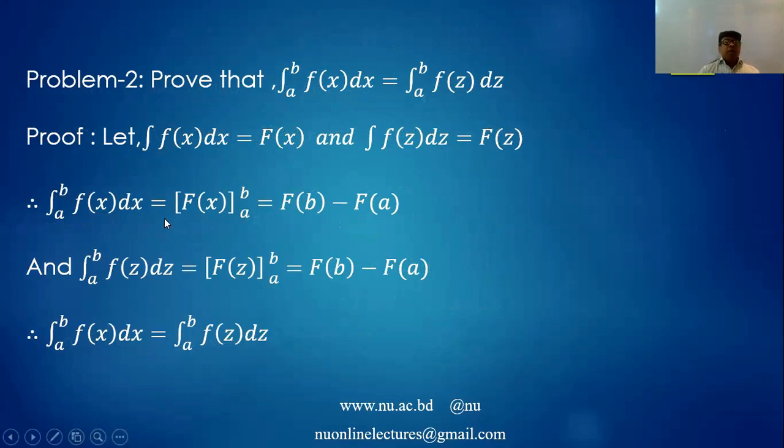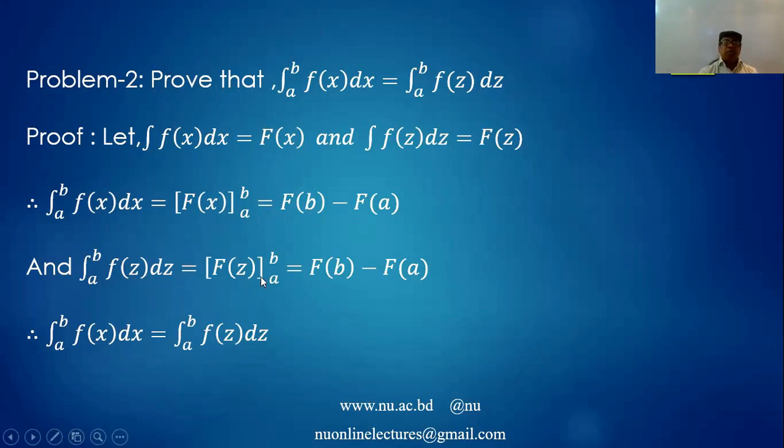Now integration a to b f of x dx equal to, after integration, F of x with the limit a to b. How to substitute the lower and upper value in your function: it will be F of b minus F of a. And integration a to b f of z dz, the same procedure you have to follow.